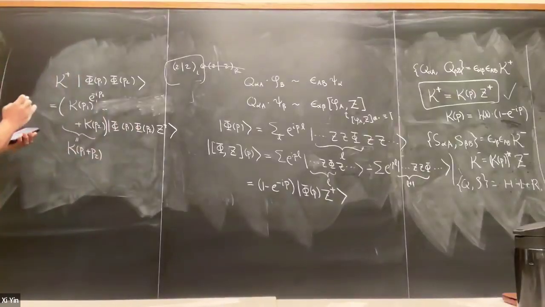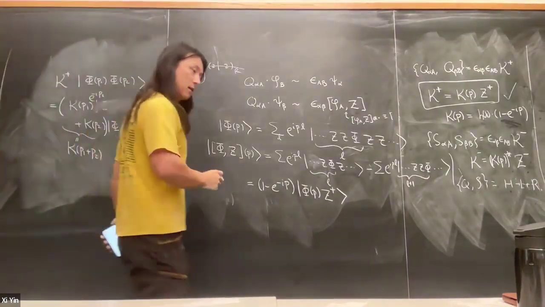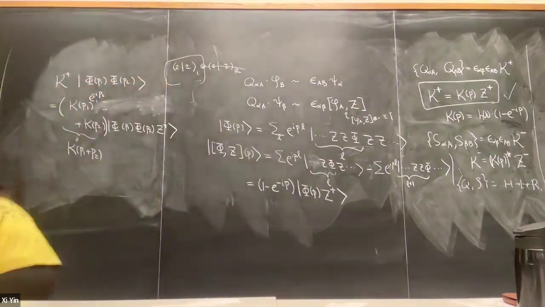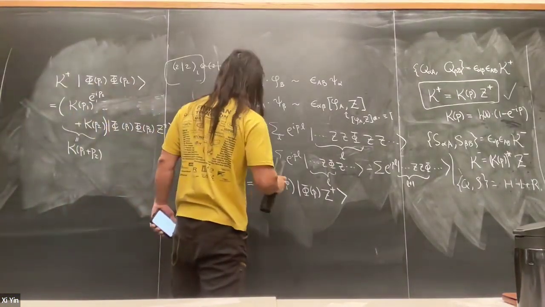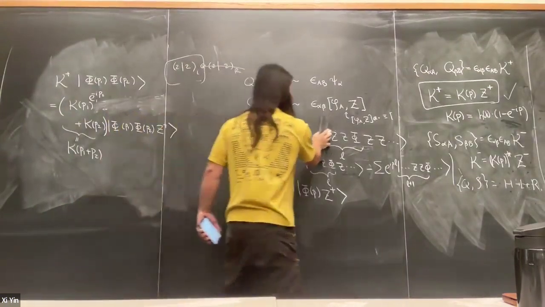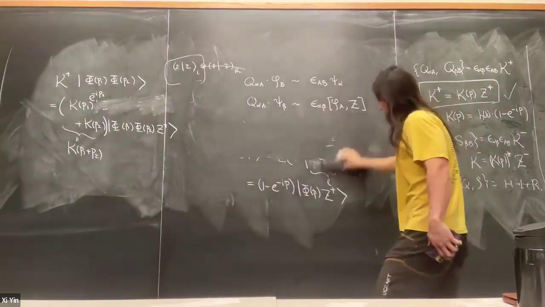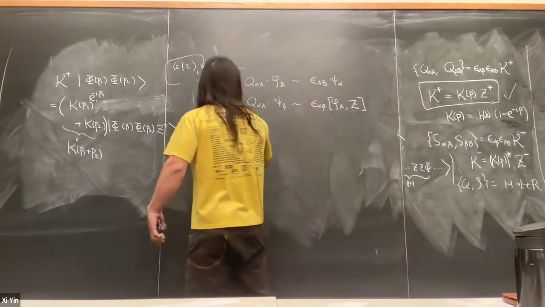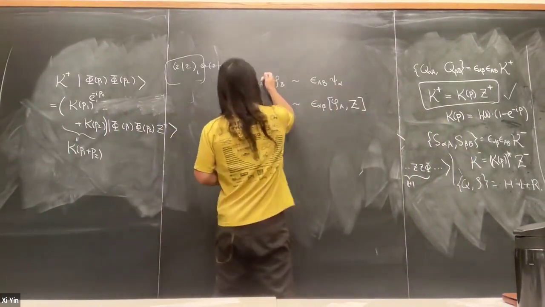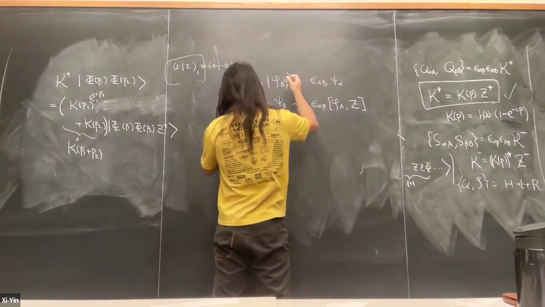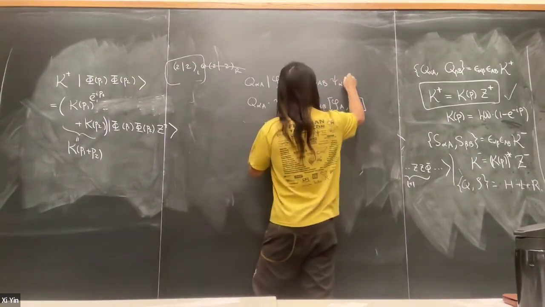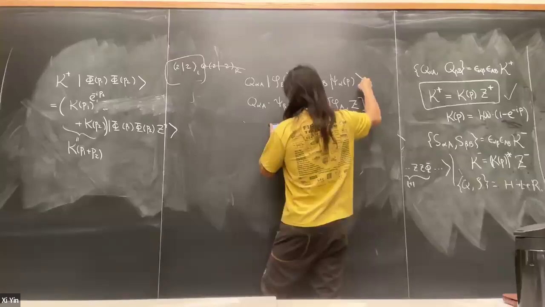So let's see what that actually is. Now let me rewrite this in terms of the more exact formula of the one magnon state with definite momentum. So I would write Q acting on phi gives, let's call this alpha psi.